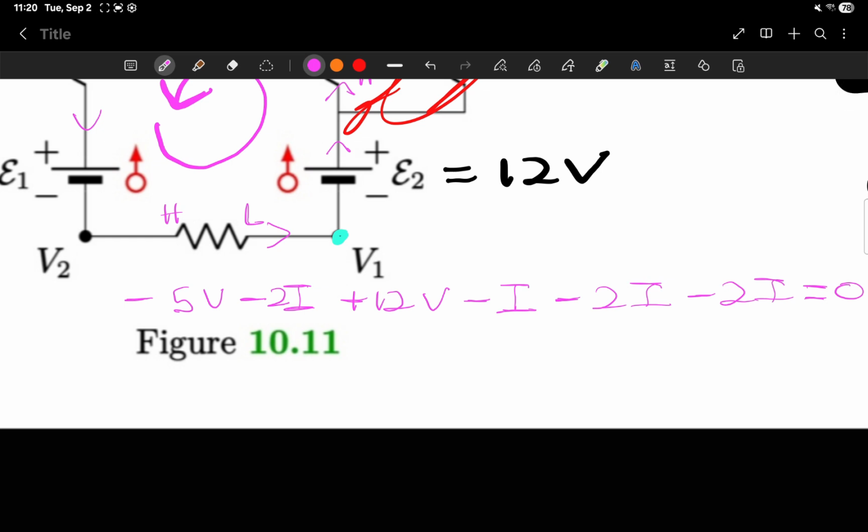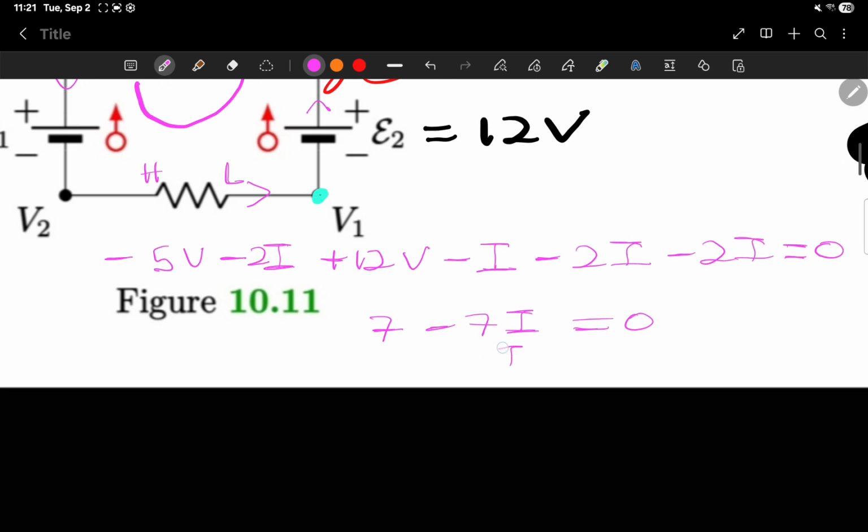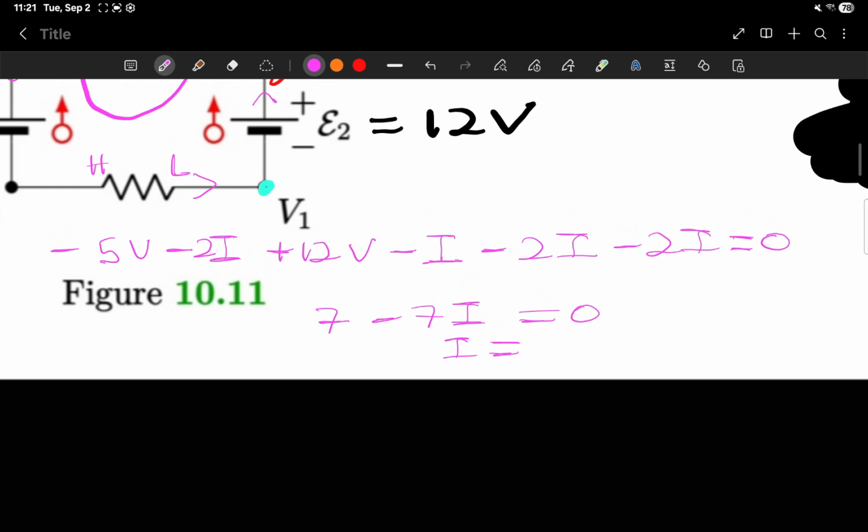That's going to give me 7 volts minus 7I is equal to 0, and I'll rearrange for I, and basically I get a current that is positive 1 ampere, because when I move the 7 to the other side it becomes negative, so the negative signs cancel, and I get a positive 1 ampere.